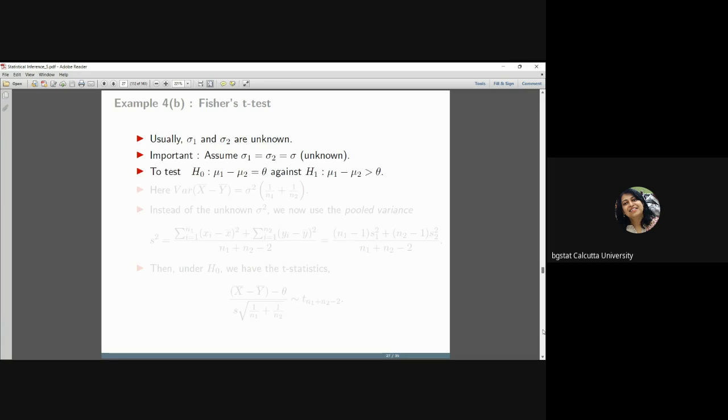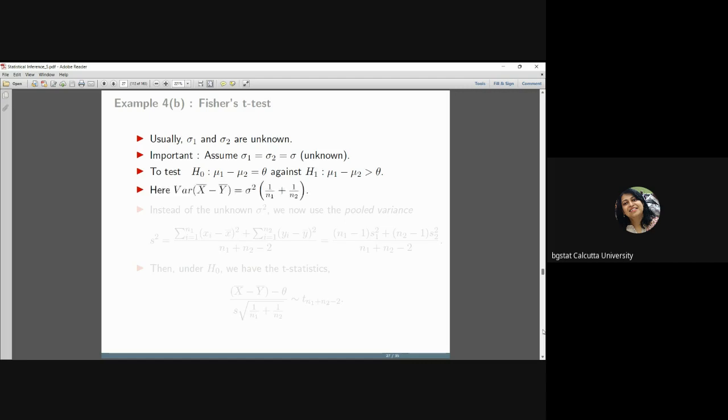We're going to look at Fisher's t-test, which is one of the most well-known tests. But to use Fisher's t-test, I have to make an assumption. This assumption is that sigma 1 is equal to sigma 2 is equal to some common value. So I have to assume that the two populations whose means I'm comparing have the same population variance.